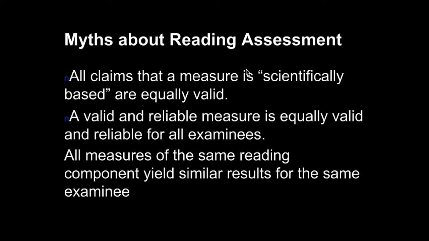The next one. A valid and reliable measure is equally valid and reliable for all examinees. An assessment might be valid and reliable for one group of examinees, but not another, i.e. English language learners. Are we familiar enough with the terms valid and reliable from our assessment classes?